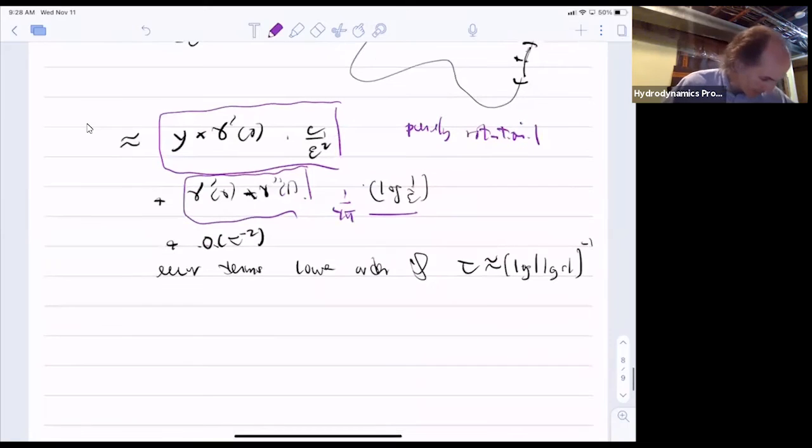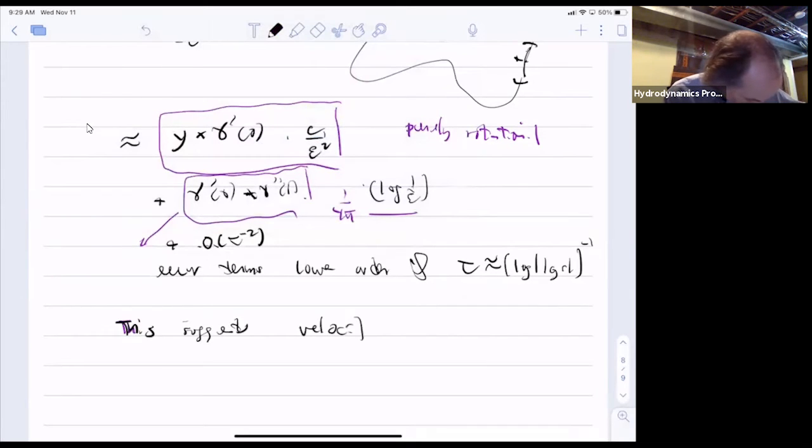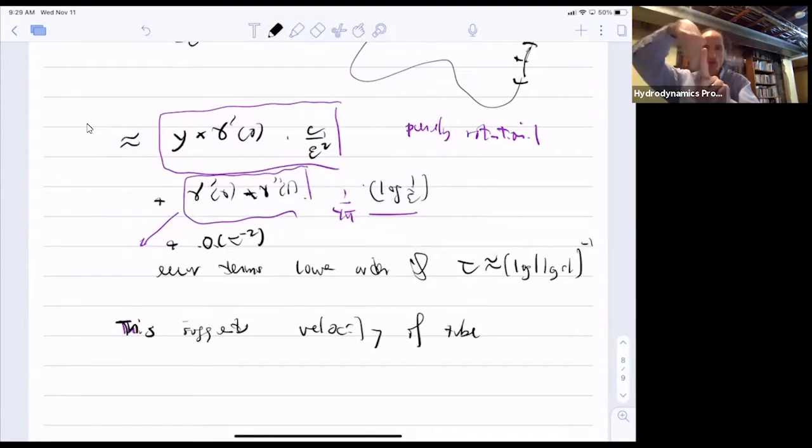So what does this mean? So anyway, this suggests that the velocity of the tube, and so the point is that no matter where I am on the boundary of the tube, this next term is always pointing the same direction.